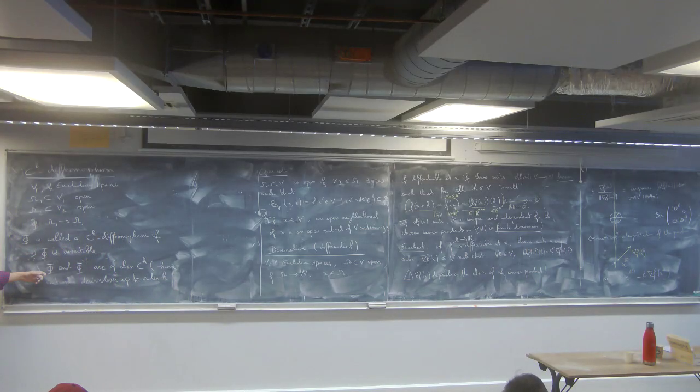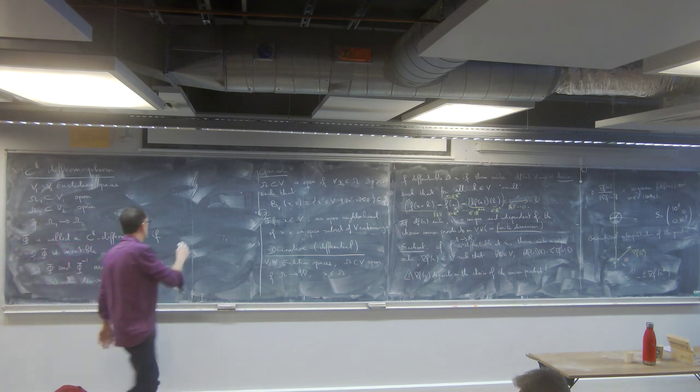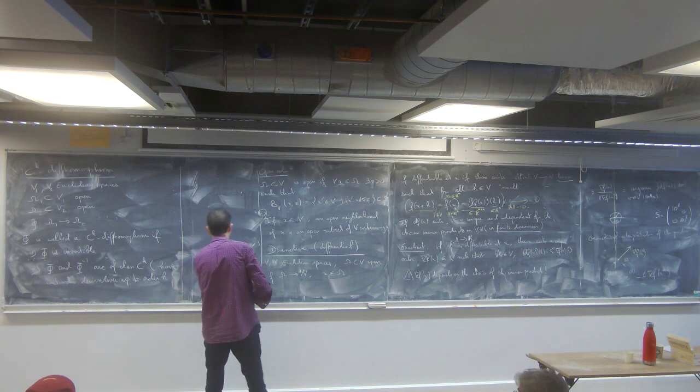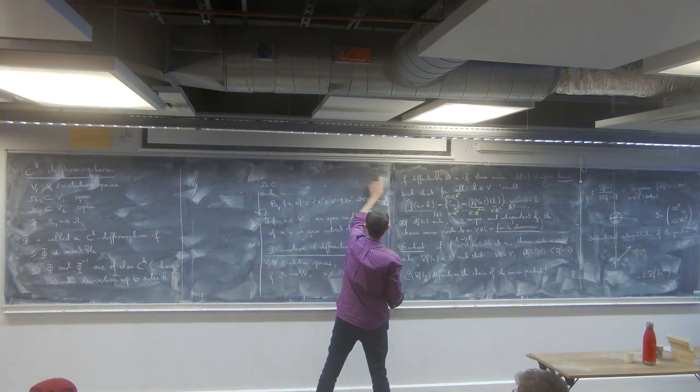Meaning that you can compute the first, second. So if phi is a C3 diffeomorphism, it means that you can compute the first, second, and third derivative of phi, and that these functions are continuous. And same for the inverse. We'll see examples later on.